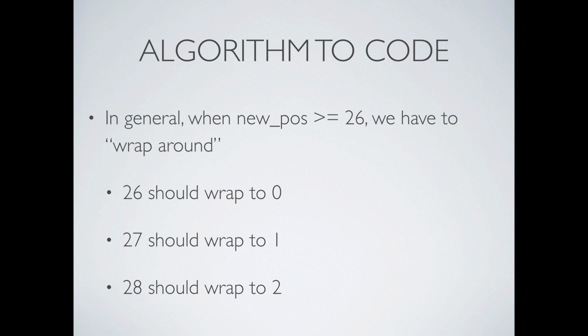For example, 26 should wrap back to 0. If we count past the Z, we need to wrap back around to the A. 27 should wrap to 1, 28 should wrap to 2, and so on. Again, we're trying to figure out how we're going to deal with this wraparound mathematically, how we're going to handle this in our code.